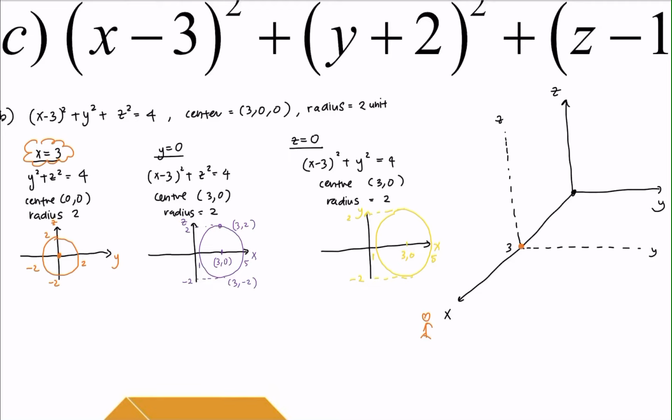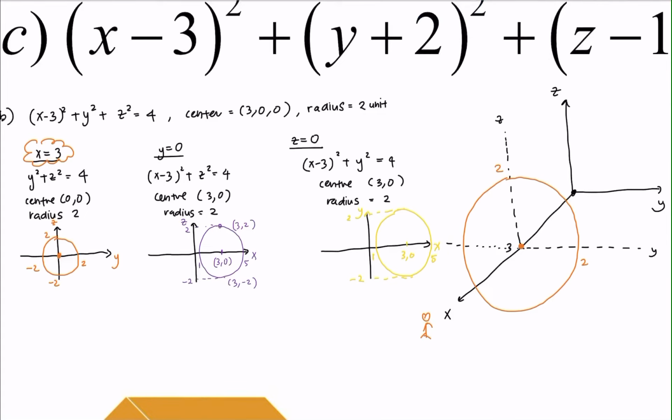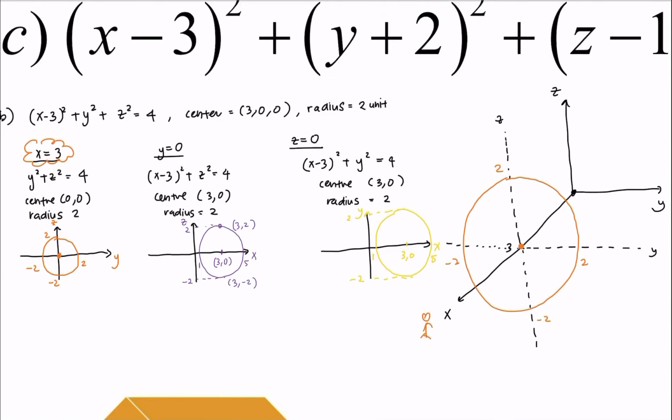You can imagine this is on the plane yz at x equal to 3. Here is 2, the value on the y, and here is 2 also. If you imagine the projection there, here is also negative 2, and here is negative 2.